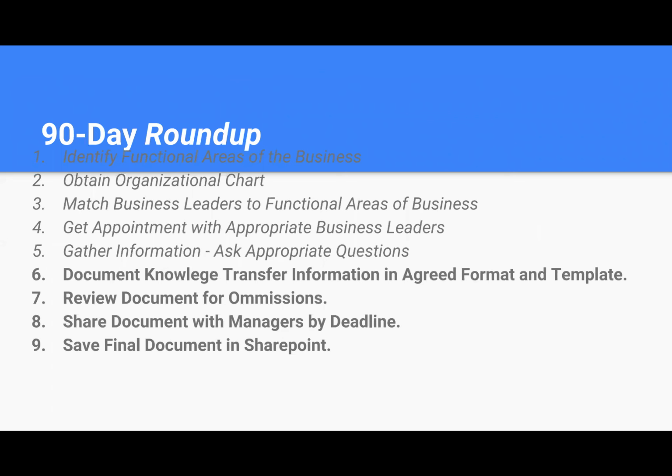Okay, so the roundup for that particular 30-day period would be to document the knowledge transfer information in an agreed format and template. We will give you a template that you should receive from a member of my team, and that will guide you in terms of the types of information that we need.